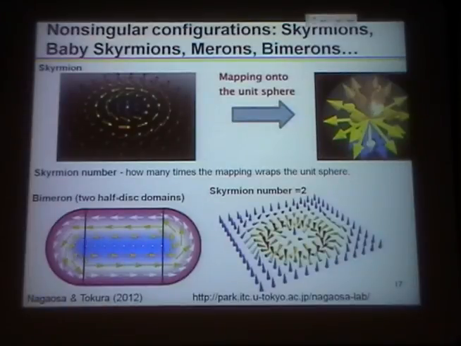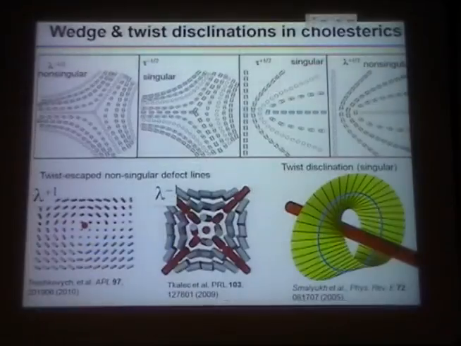Now, here's another example of Bimerons, and you will see that in the case of liquid crystal defects in cholesteric confined cells, we can obtain analogs of such defects in ferromagnetic systems, for example.